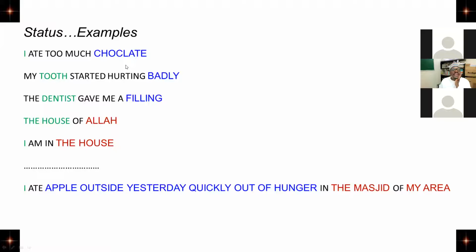Just go to the participants, hover your mouse on top of your name, and right click it, you will find rename. Just rename and give yourself a name, please, because if another Infinix comes into the class, I will not be able to identify you. Yes, it is mansub because it is the receiver of the action.